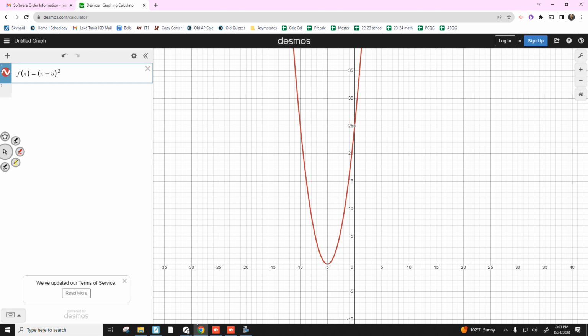Do you guys have any other ideas? Higher? That's the right idea. And it comes back to Lander, who says order of operations. What happens first, the squaring or the parentheses?